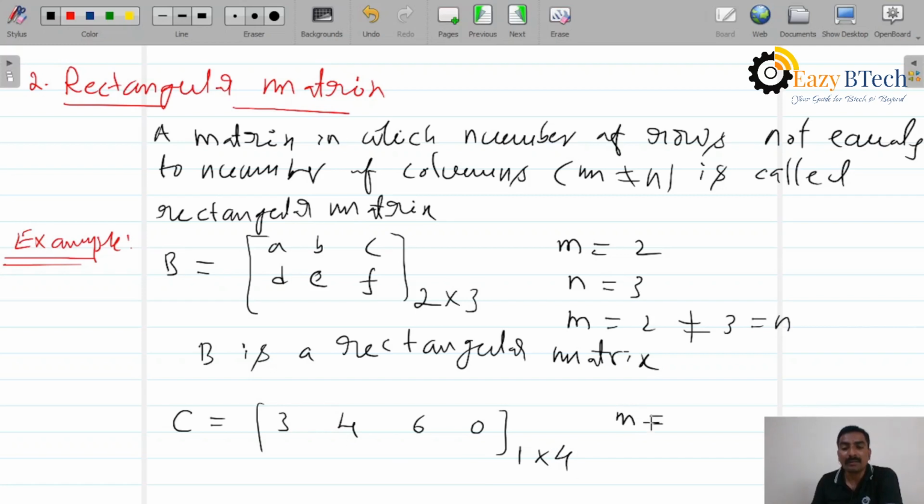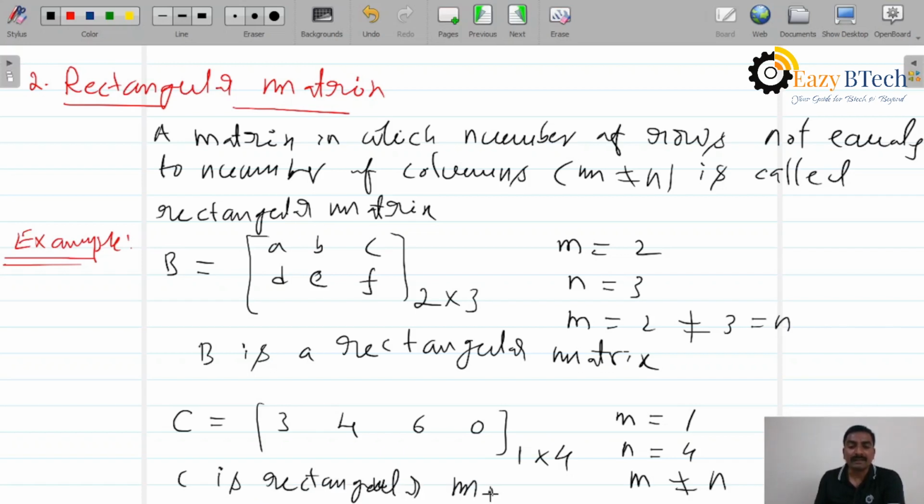Therefore the number of rows m equals 1 and the number of columns n equals 4. Here m is not equal to n, so C is a rectangular matrix. These are the two examples of rectangular matrix.